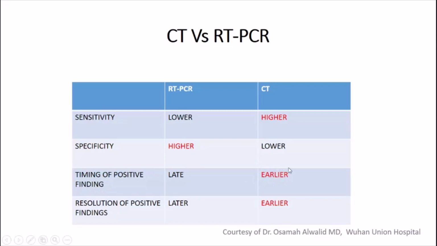They appear earlier on CT than on PCR, and also the resolution of the positive finding will appear earlier on CT than PCR. So a patient might have changes on their chest CT even though their PCR is not positive, and this is the main thing. And also the changes might disappear, but their PCR will remain positive. Okay.